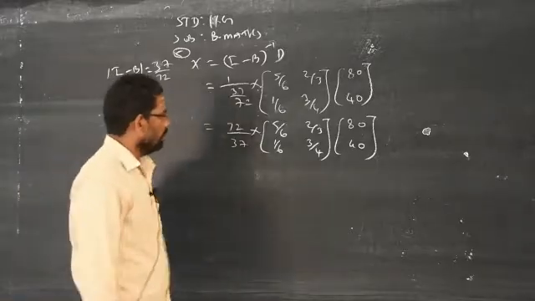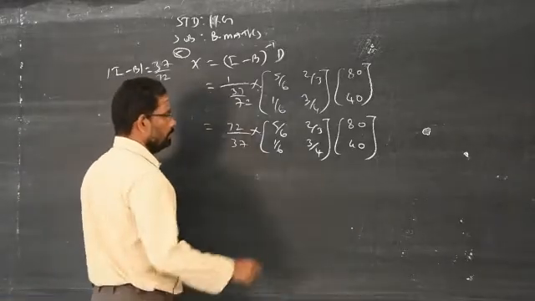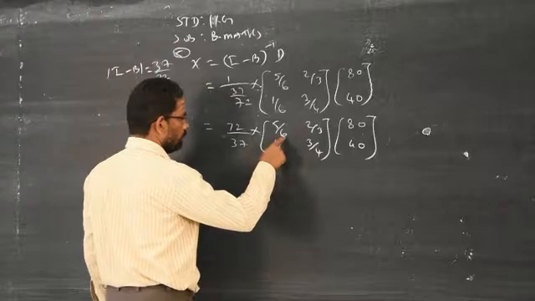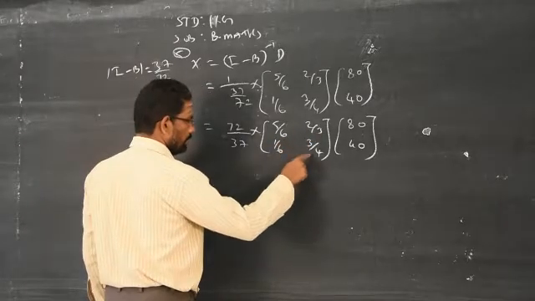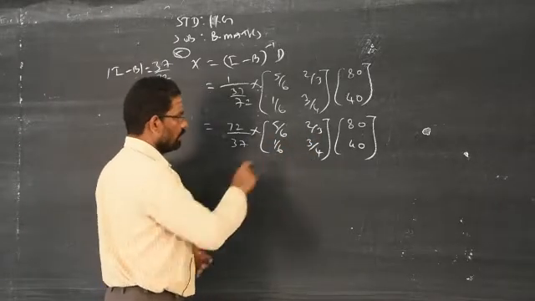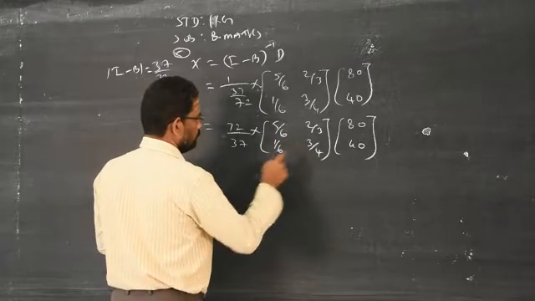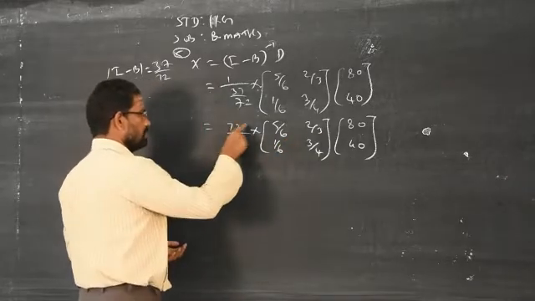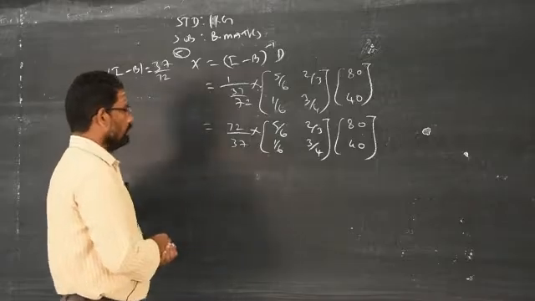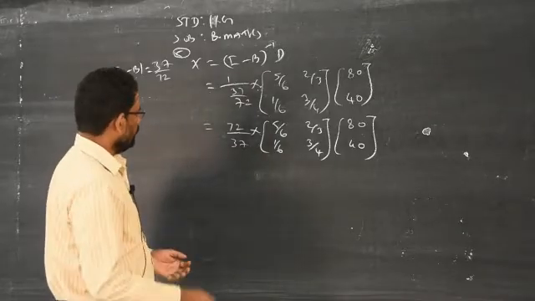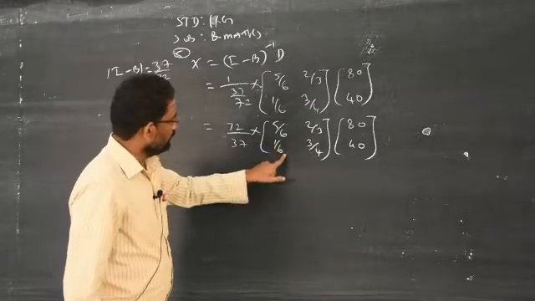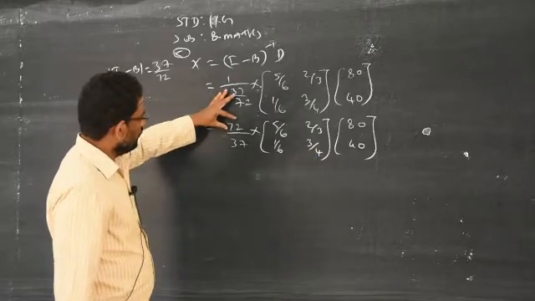Another method is to look at the denominators of all the elements of the matrix, 6, 3, 6, 4, and check whether 72 is divisible by all these denominators.